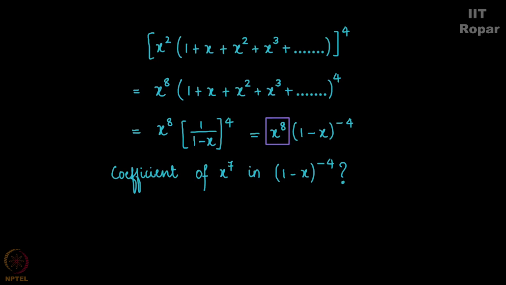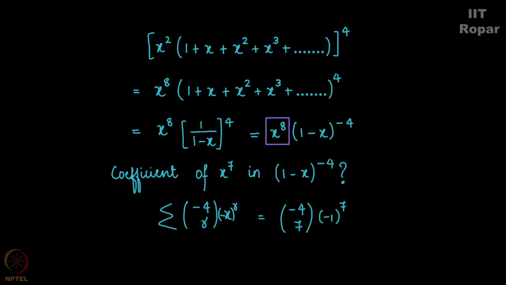So the coefficient of x to the 7 in 1 minus x whole to the minus 4. This is very simple. You people know how to do this. Applying the formula, it gives me summation of minus 4 choose r into minus x to the r. Now r is 7 here, and hence minus 4 choose 7 into minus 1 whole to the 7.